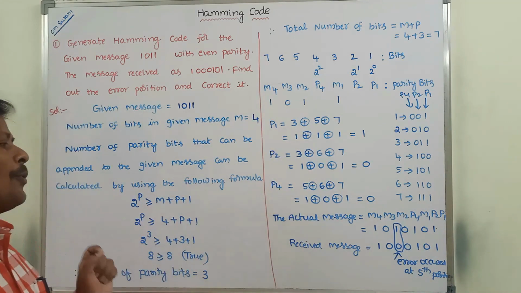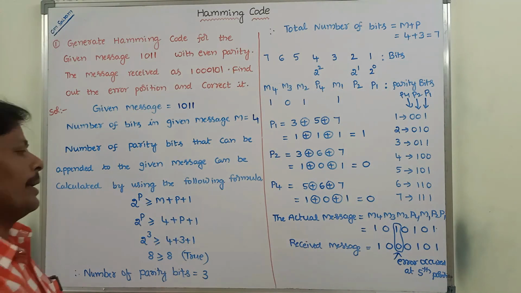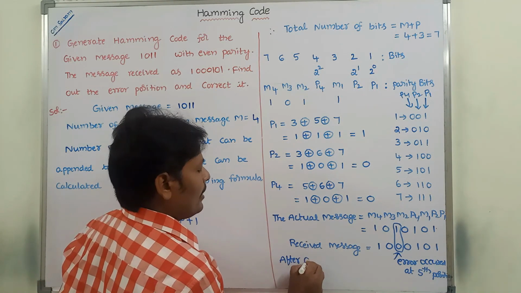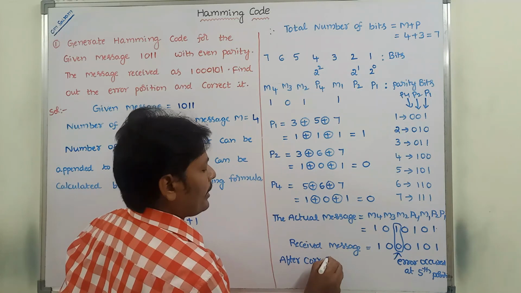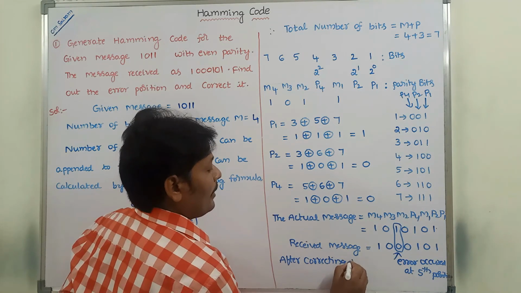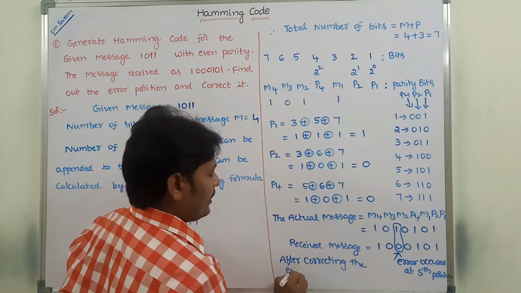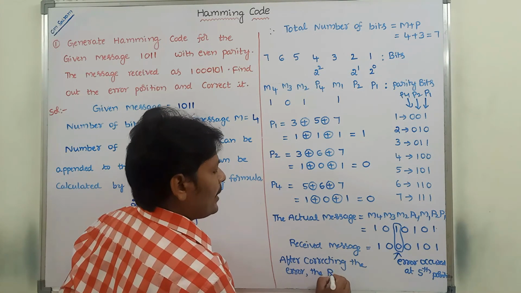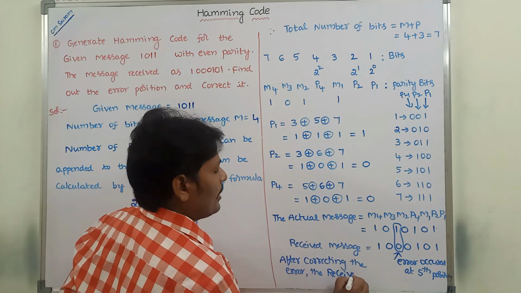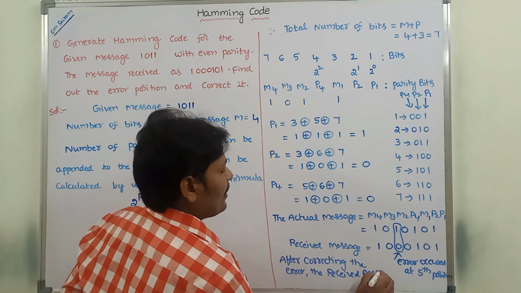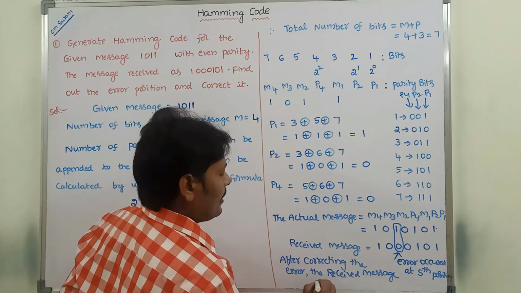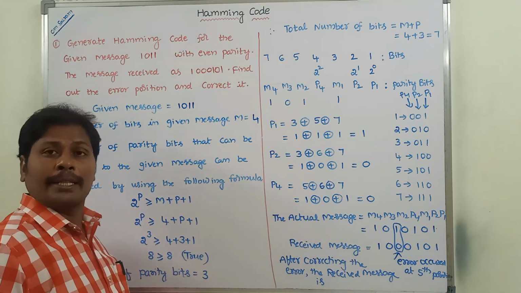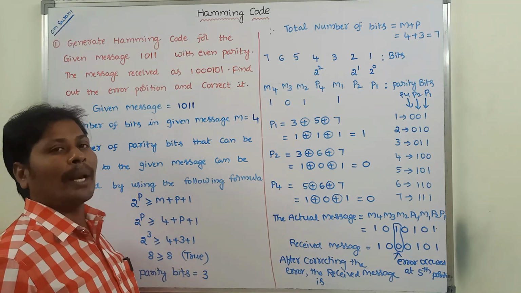Now, how to correct that error? After correcting the error, the received message: at the fifth position, whatever the bit is in the received message, that can be complemented.